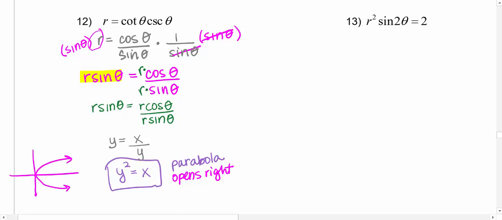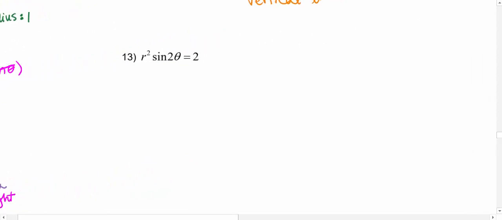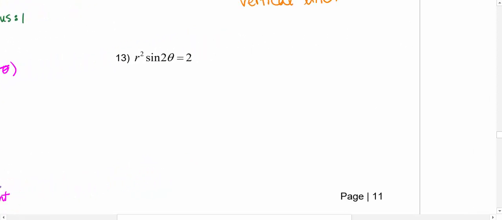Okay. All right, so let's look at r squared sine 2 theta equals 2. And let's convert this one to Cartesian. So I do think that, r squared, sure, that's x squared plus y squared.